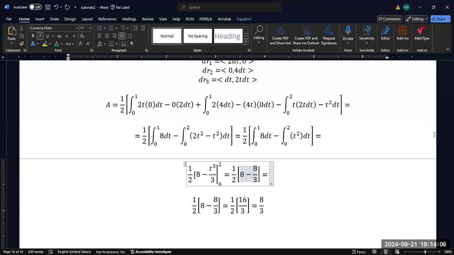But there would just be a lot more arithmetic we would have to do to get to this answer. But that was the orientation we would need if we were starting at t equals 2 or x equals 2 and going backwards to x equals 0. But if we go in the standard orientation for a parabola in the positive direction, the reverse orientation just flips the sign.